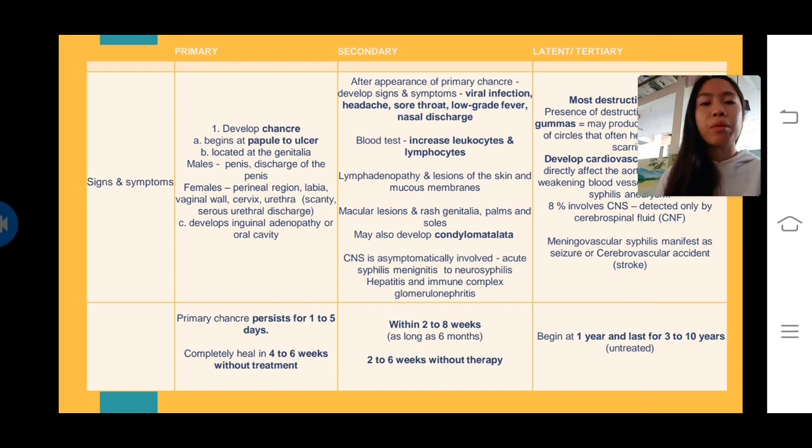It is commonly seen in the genitalia, especially in men. It can be seen on the penis or as discharge from the penis. In females, it can be seen in the perineal region, labia, vaginal wall, cervix, urethra. And it develops inguinal adenopathy or appears in the oral cavity. In the primary stage, the chancre will persist for up to 1 to 5 weeks, and it will completely heal in 4 to 6 weeks without treatment.